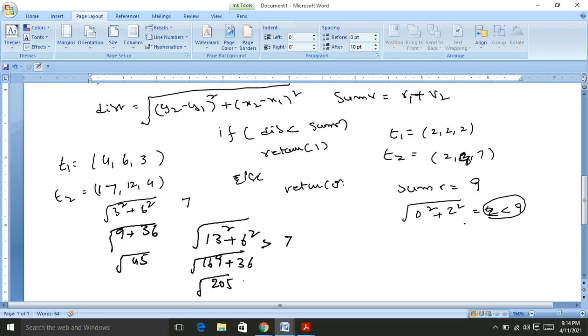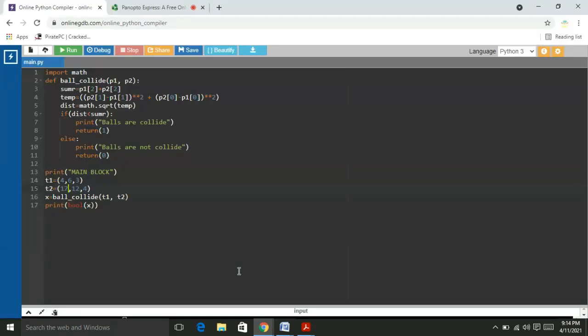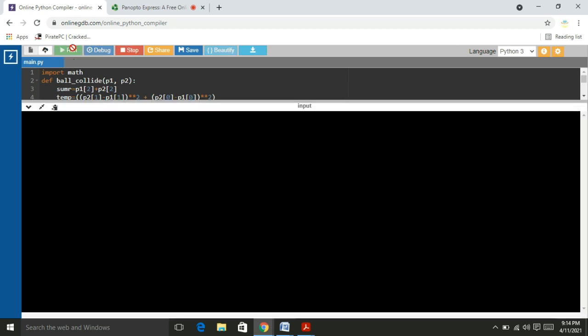So this value is certainly greater than 7, then the balls do not collide. I will show it to you, right? Okay, false, balls do not collide. That means the distance between the balls is greater than the sum of their radii. I hope you can understand this program.